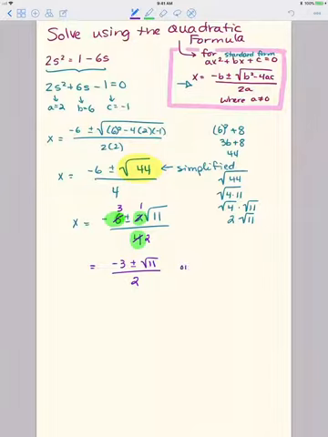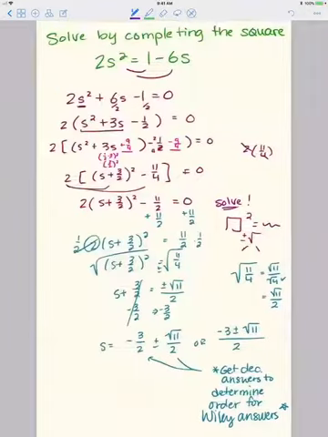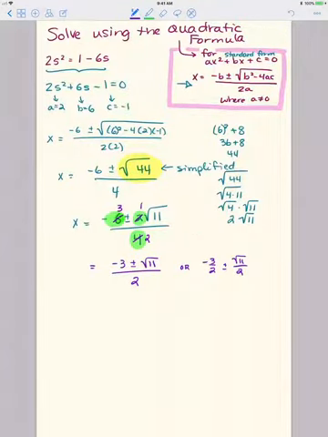And again, if you want to split that apart, it's negative 3 over 2 plus or minus the square root of 11 over 2, the same thing we got from completing the square. And you're welcome to graph it and see the zeros where it crosses the x-axis.